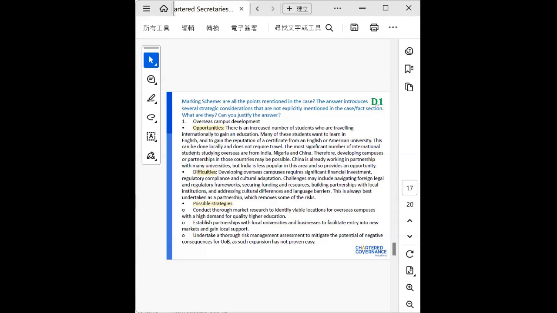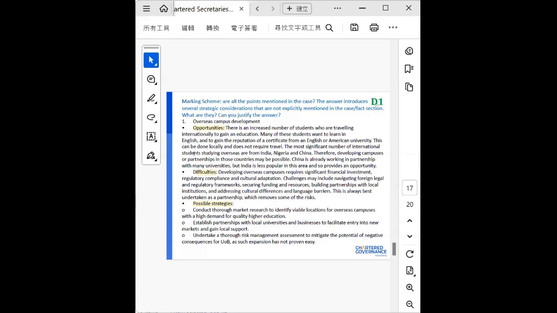So the difficulty is that they don't want to leave their home countries, and they have to conduct market research, etc. So you have to take action and comply with the local regulations. What I say is that there are some things here which are not explicitly mentioned in the case, and then you have to think and give a reasonable answer.